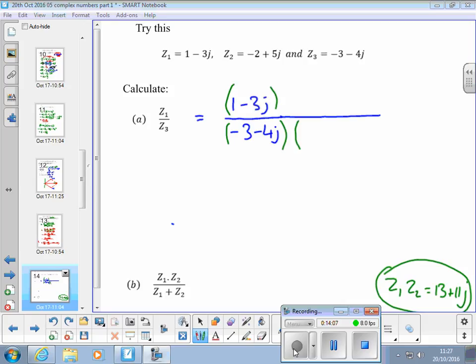The complex conjugate, yeah, which is we'll do that to the bottom. I've got to do it to the top.